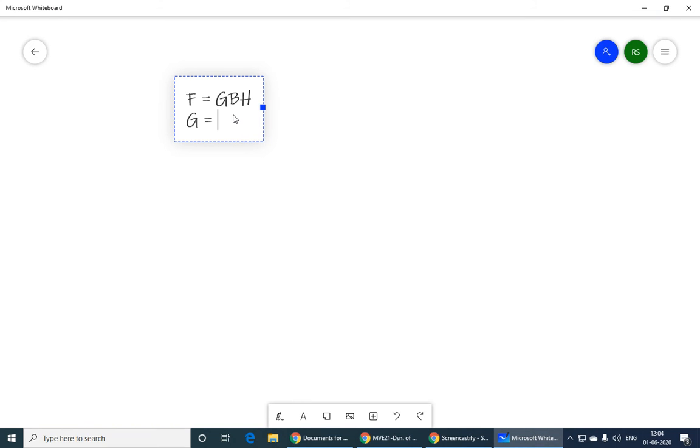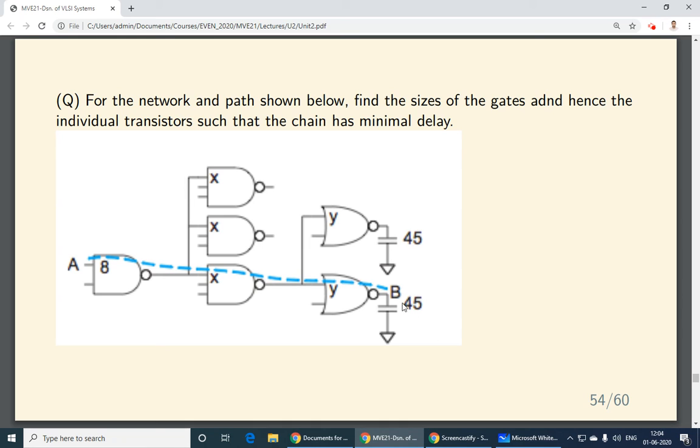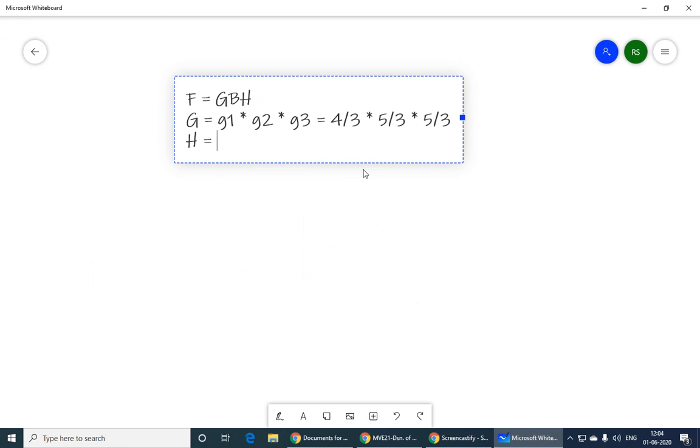So we can calculate capital G as G1, G2, G3 equal to 2 input NAND gate 4 by 3, 3 input NAND gate 5 by 3 and 5 by 3. This is capital G. H equal to output capacitance divided by input capacitance. So that also we can write 45 by 8.